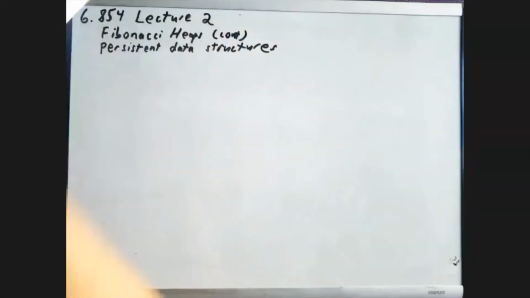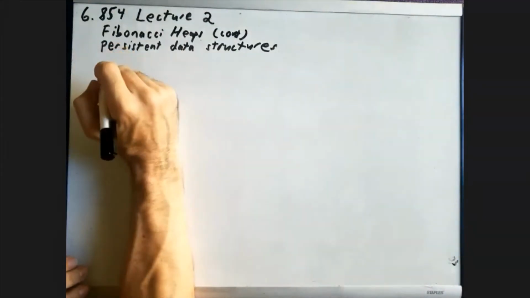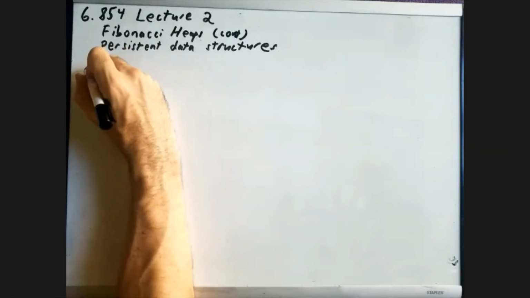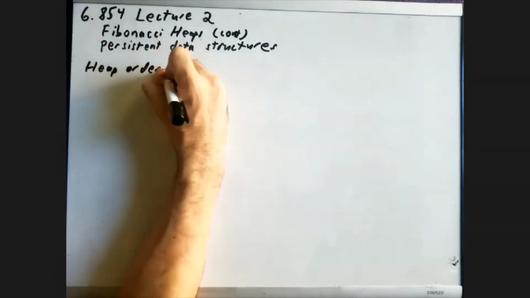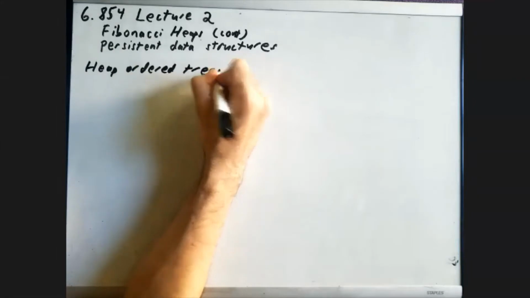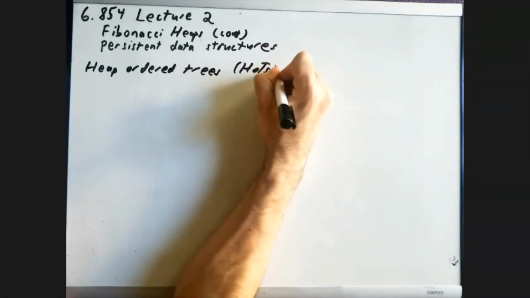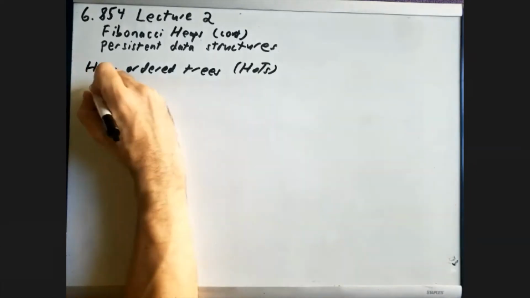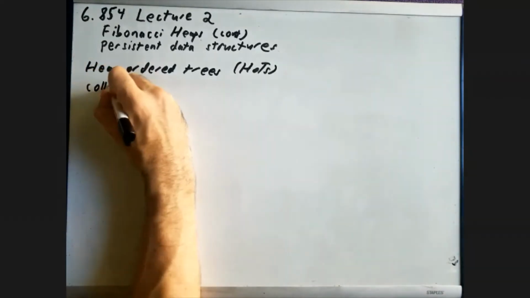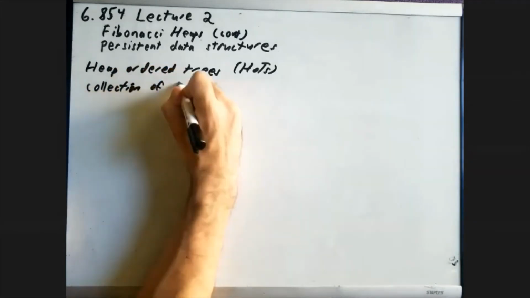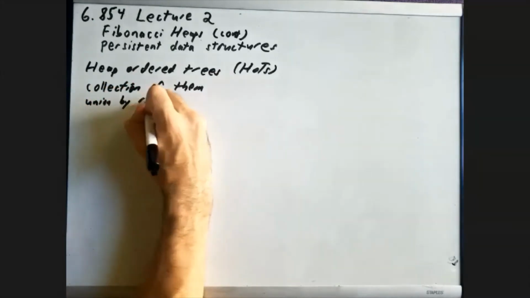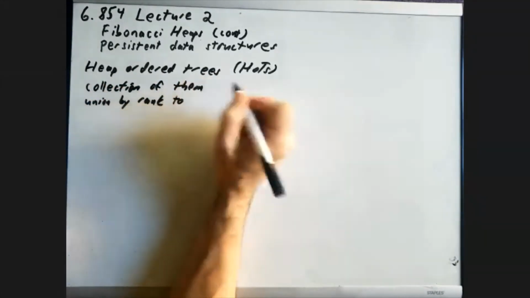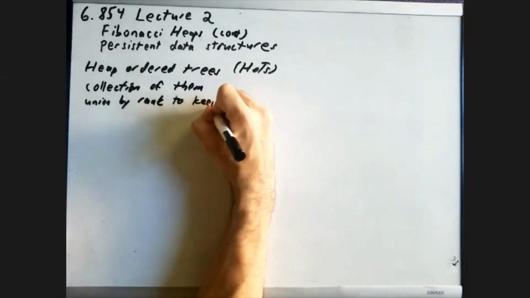So let's remember where we left off with Fibonacci heaps. We had designed this approach based on heap ordered trees, and a data structure that was a collection of them, where we used union by rank to keep the degree small.